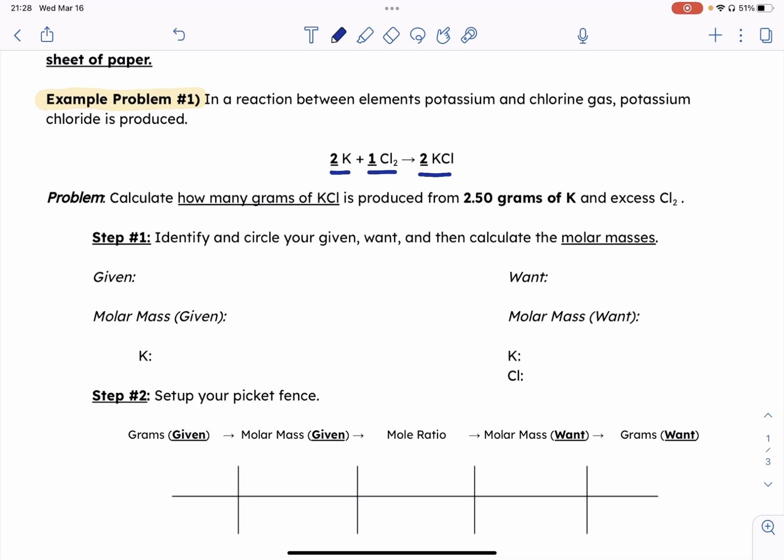So the problem states, calculate how many grams of potassium chloride is produced from 2.5 grams, so this is our given, of potassium, and then excess chlorine gas. Excess chlorine gas just means that you have enough chlorine to make the entire 2.5 grams of potassium go through the chemical reaction. So let's go ahead and do this.